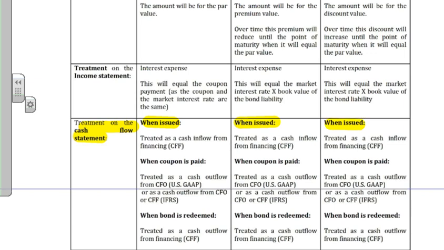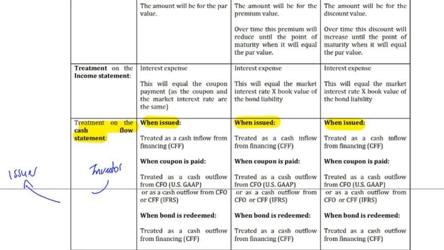And remember, guys, when the bond is issued, what happens? Now remember the flow. There is the issuer, there is the investor. The investor pays money to the issuer. The issuer then records it on his books as an asset, where he receives cash, or bank.